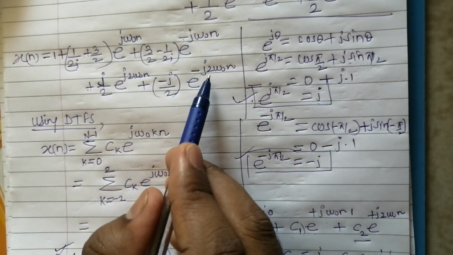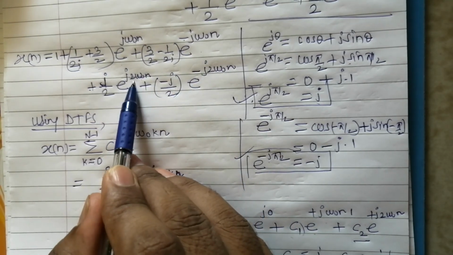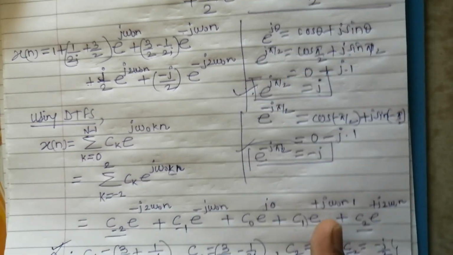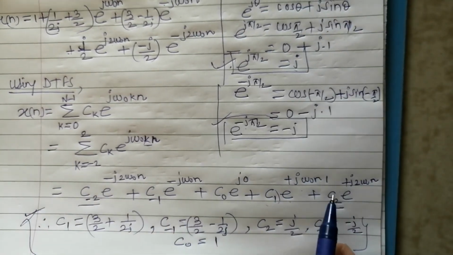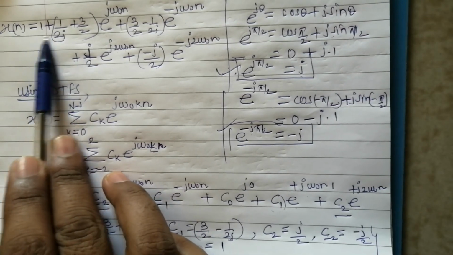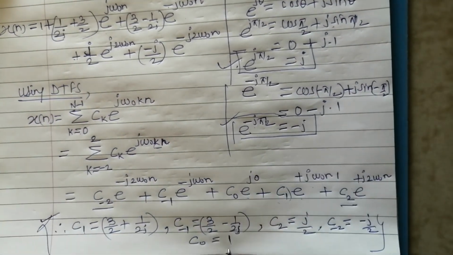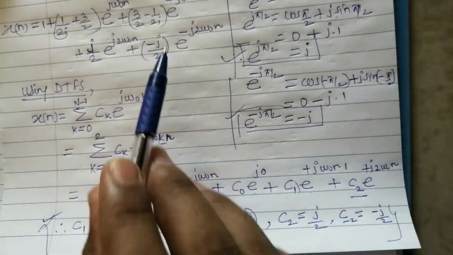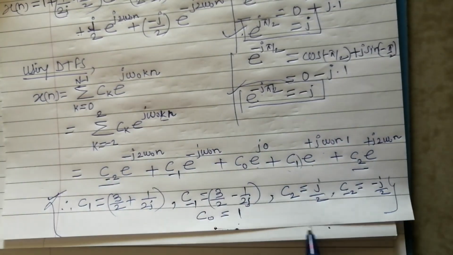You will get a hint from here, the value of k, that is minus 2, and here plus 2. So these two are the end values of k. So we placed k from minus 2 to 2, expanded it, and compared this part with this part one by one. First is a constant, so c naught equals 1. Likewise, compare these parts one by one and get the values of the Fourier coefficients.